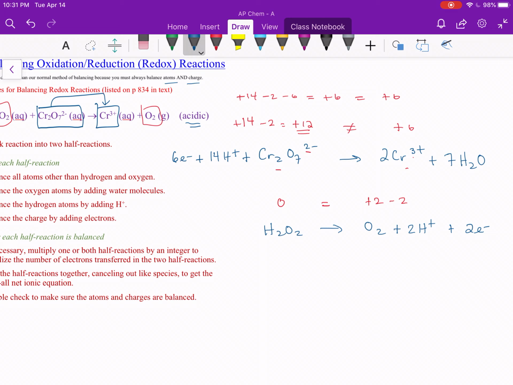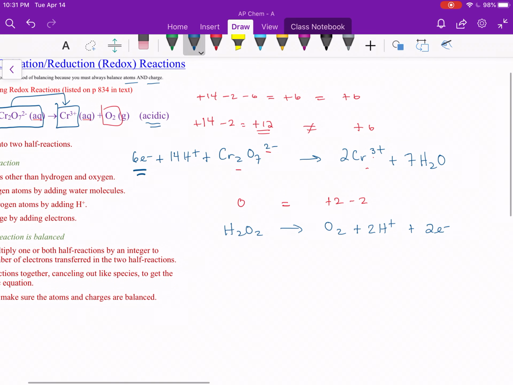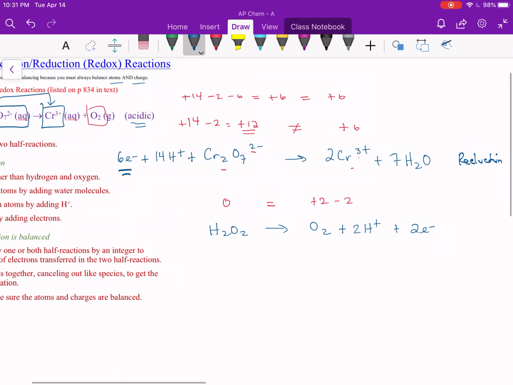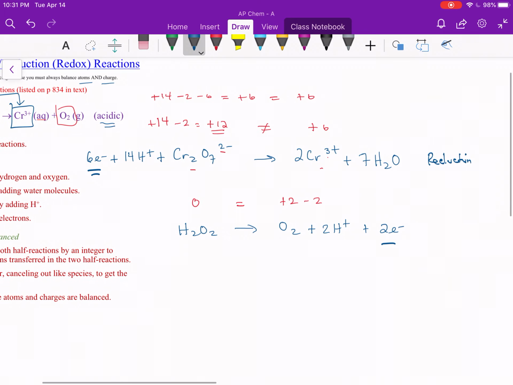Now, we should see that number 1, remember the top one, has our electrons in our reactants, right? So our top one would be our reduction. And here, our electrons are our products, so this is going to be our oxidation. And that's important when you balance these half reactions.